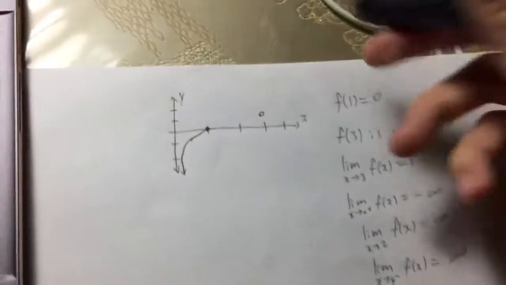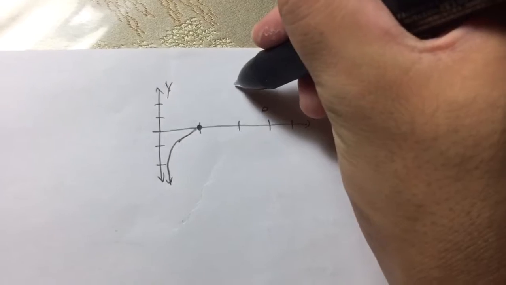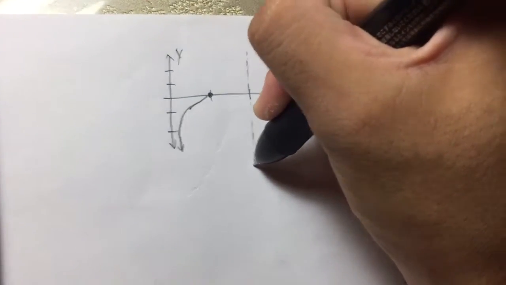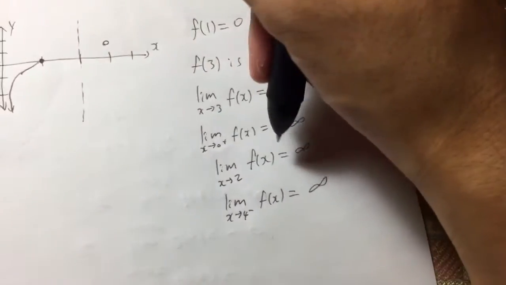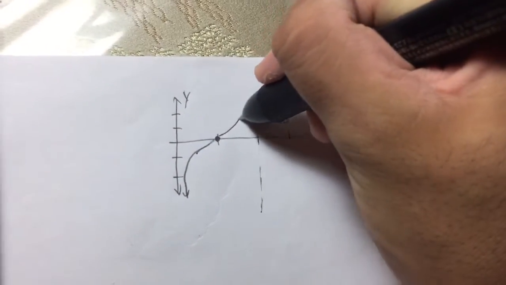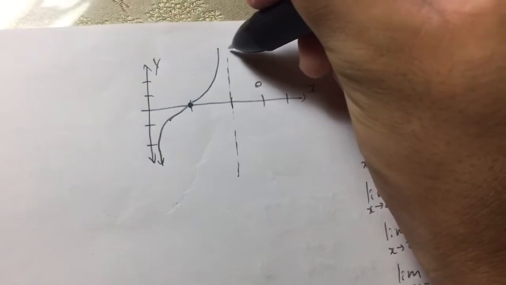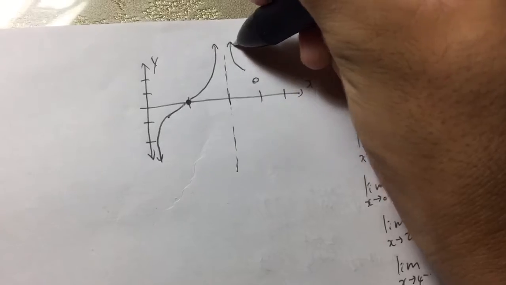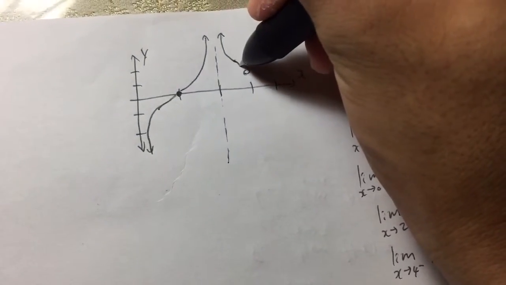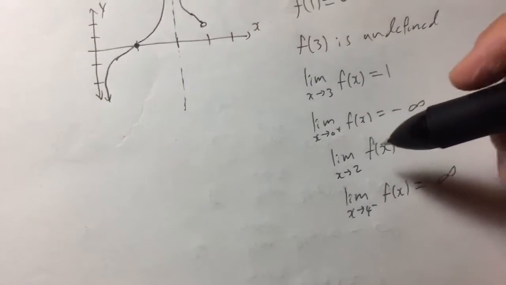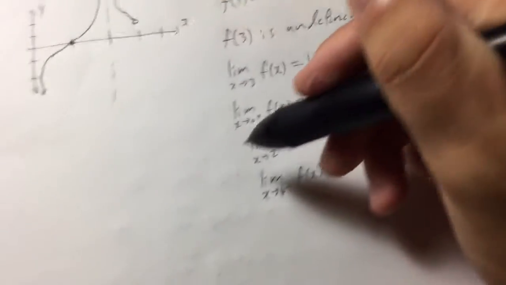So over here we have a vertical asymptote at x equals 2, and from both sides, the right and the left, it approaches infinity. So that's our fifth condition.